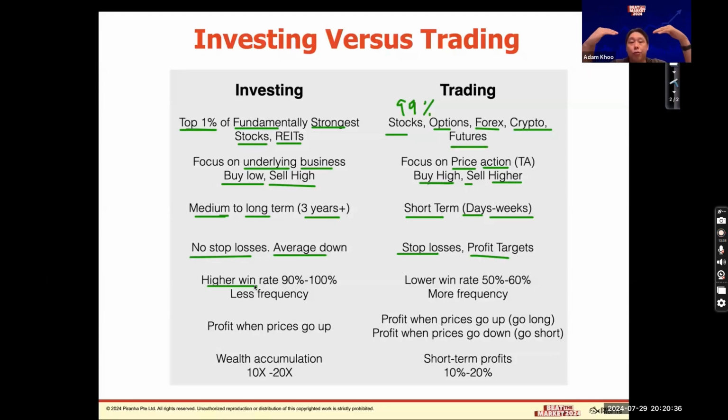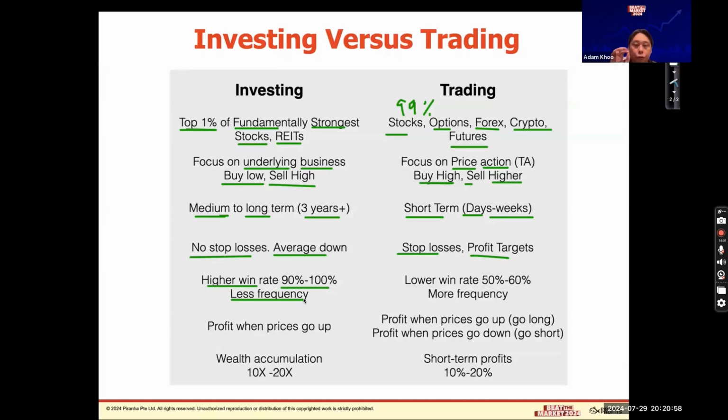It will be higher in 3 to 5 years. And if not, it will definitely be higher in 8 to 10 years. All right, it's like 100%. Okay. So in investing, the win rates are very high. And there's less frequency of transaction because once you buy, you don't sell. You just sit on your ass and let the price compound your money.